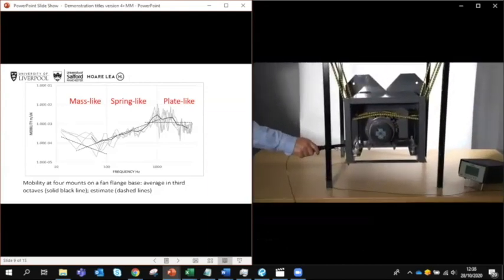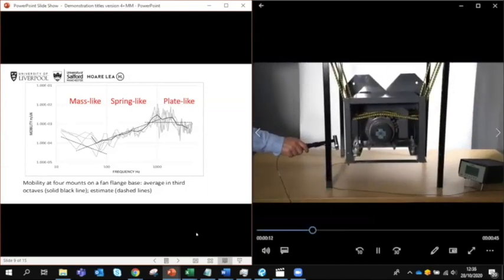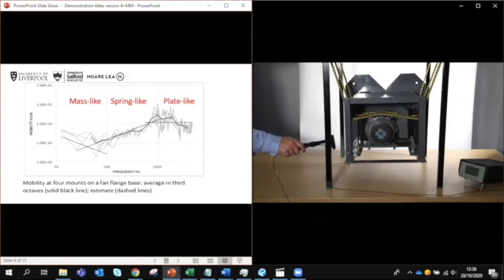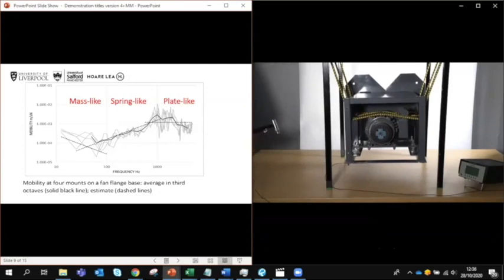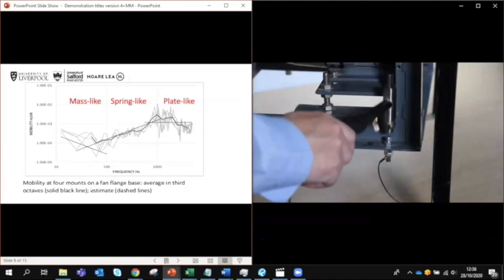And this demo is actually reinforcing the point, really. To look at this particular bit of machinery, we'd think it was a lot more complicated, but actually, when we look at the response, we can still use our simple expressions to describe the mobility curve really nicely.